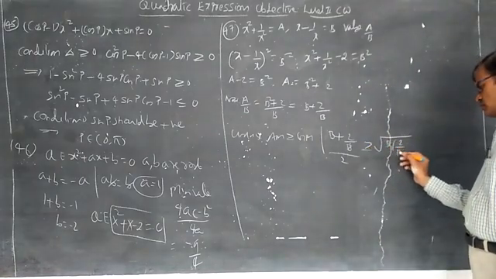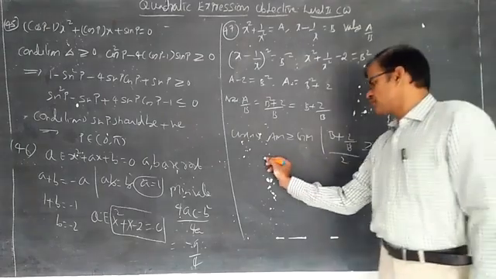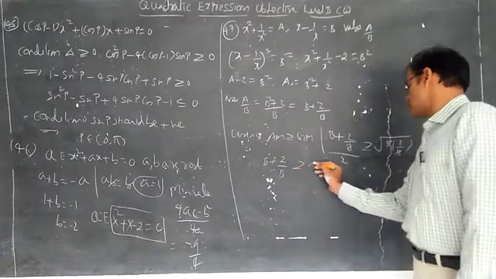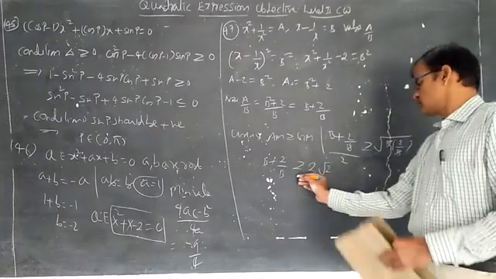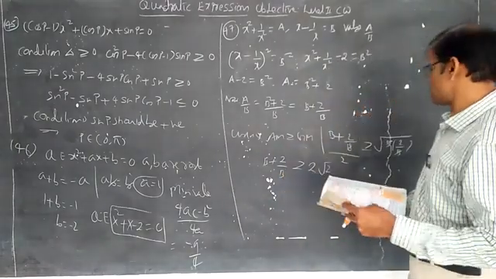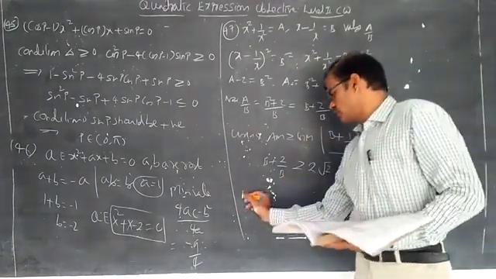Now b gets cancelled. So b plus 2 by b is greater than or equal to 2 root 2. 2 root 2 is the minimum value. 47, fourth option.